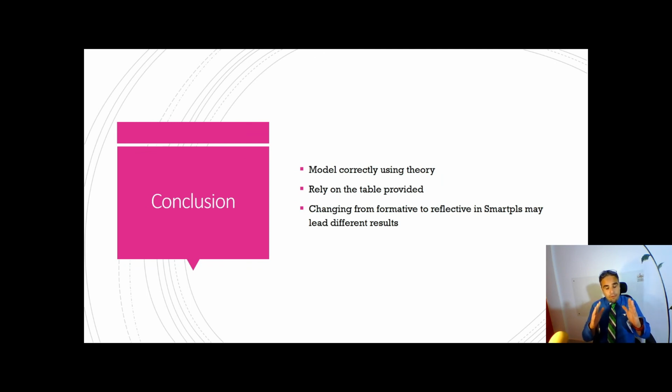Because, as I mentioned, if you have to follow formative models and you end up doing reflective models, you may end up with erroneous data or unreliable results, and then you have to change your model. It's not easy to change your model once you get to the stage of measurement model assessment and then structural model assessment.